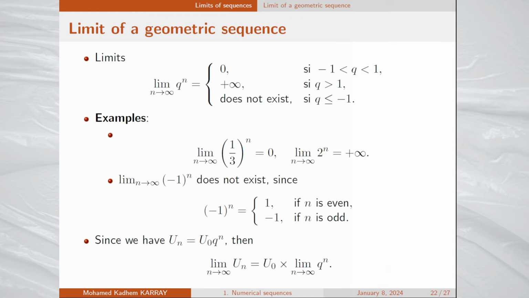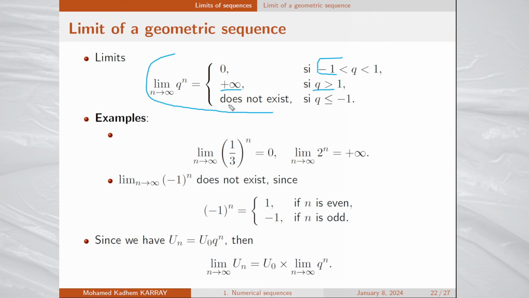In order to get the limit of the geometric sequence, you need the following result. The limit of q to the power n equals 0 when q is between -1 and 1. And it equals plus infinity when q is strictly larger than 1.